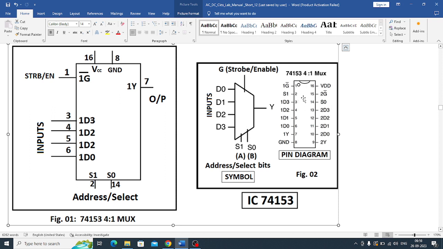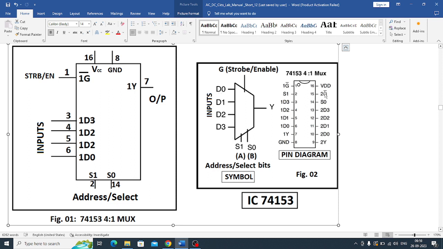Now the S0 and S1 are common for both the multiplexers. When you make 1G active, first multiplexer inputs 1D3 to 1D0 will be operating.